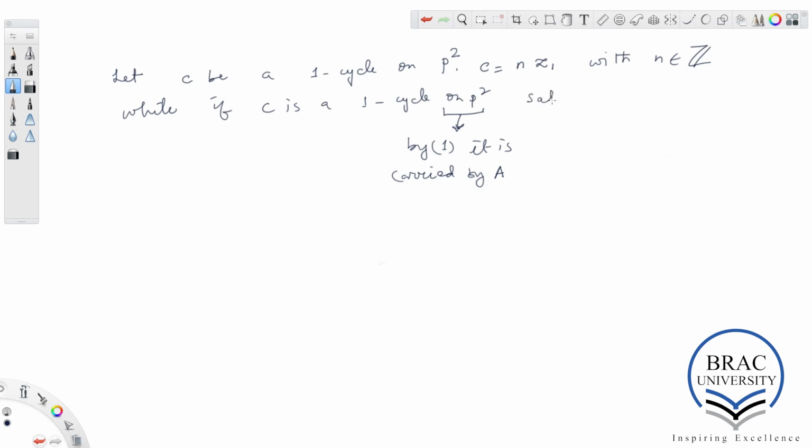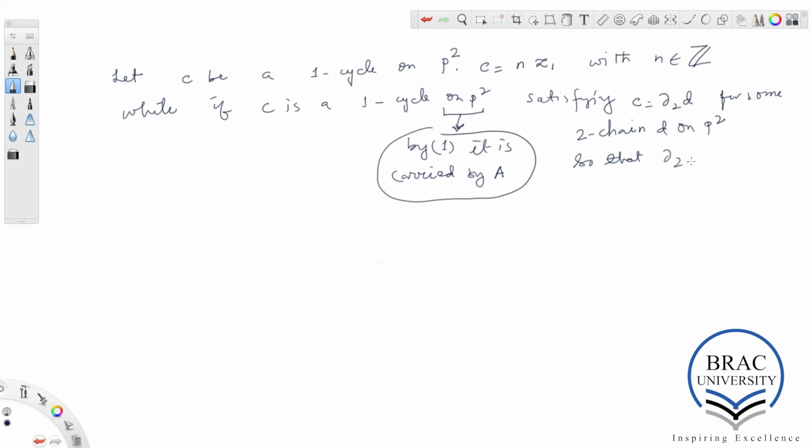And if it satisfies C equal to del 2D for some 2 chain D on P2, then since C is carried by A, del 2D is also carried by A. Then by 2, D is a multiple of gamma.